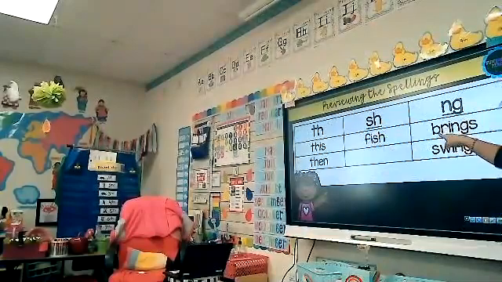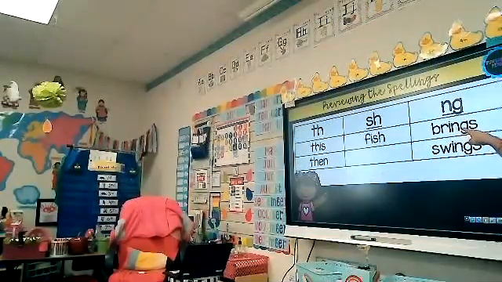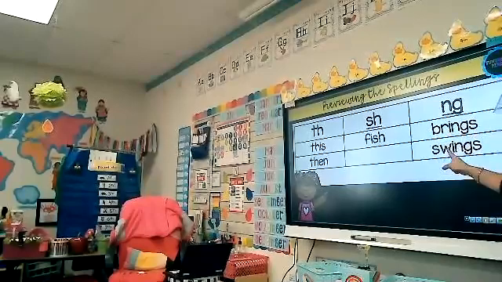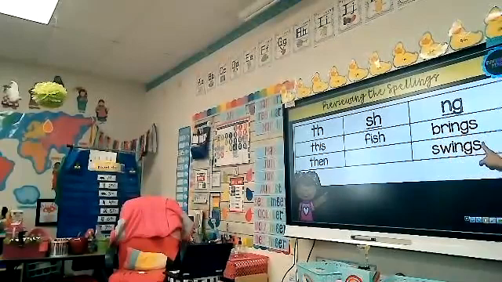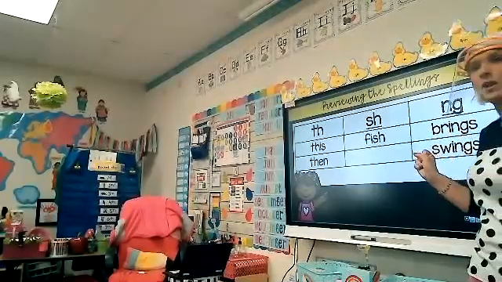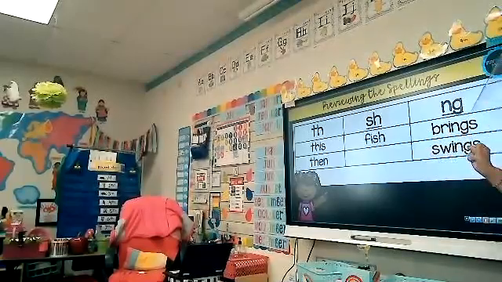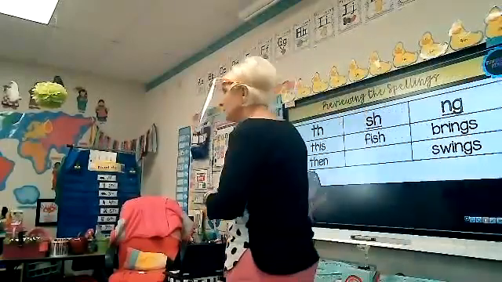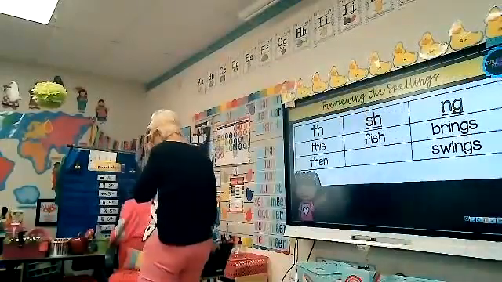Good. Let's sound it out. Beans. Rain. Good. Let's sound this one out. Swing. Good. Okay. So those are some spellings that you are going to see in this story.